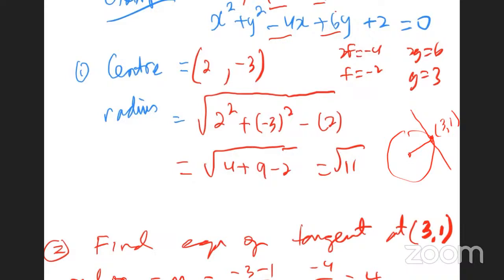Right, so remember the first step: find the gradient of the radius. What is the center again? The center was 2, minus 3, right? Find the gradient of the radius, then the reciprocal. What's the point you're going to use to find the equation? 3, 1 or 2, minus 3? 3, 1, right? It must be a point on the line, right?